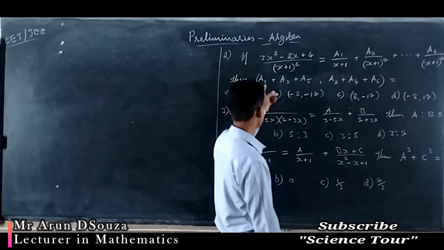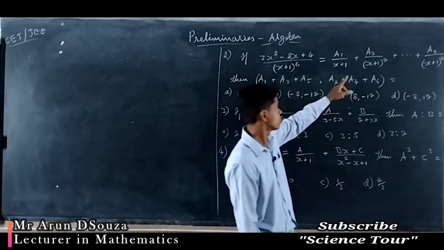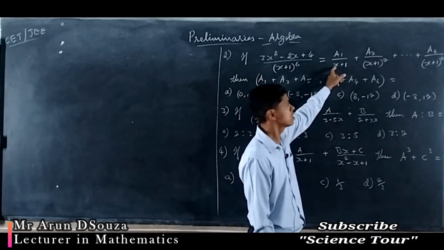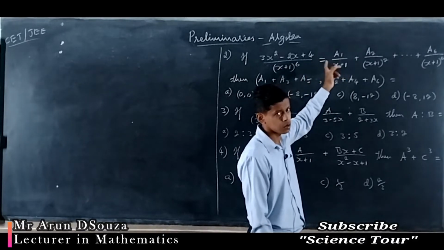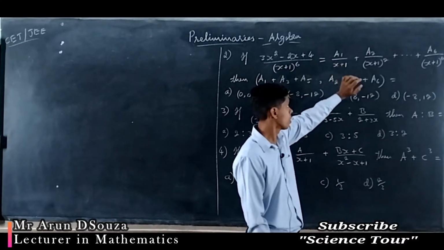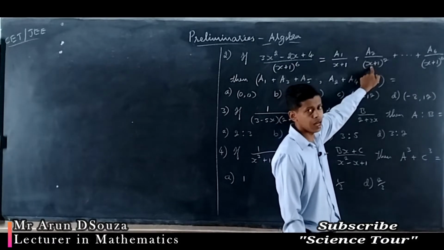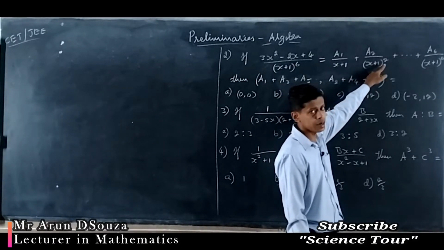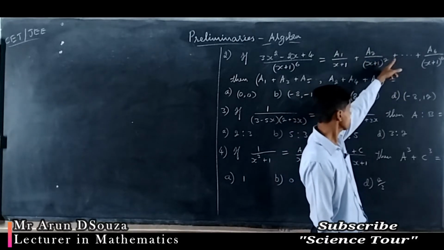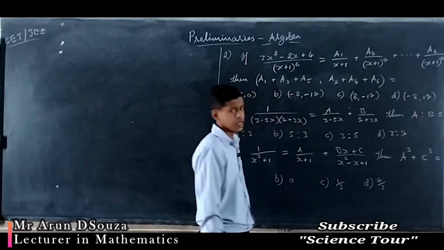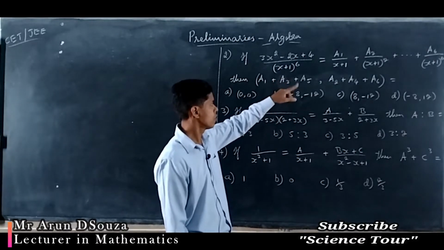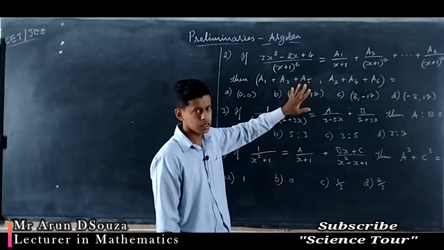See, what we need is only the constants. So what you can do is put x is equal to 0 here, simple. If you put x is equal to 0, in the LHS as well as the RHS, that will be A1 by 1, and if you put 0 here, 1 square, correct, 1 itself, so that will be only A2, and then you can put x is equal to 0 next, you will get A1, A2 till A6, correct?